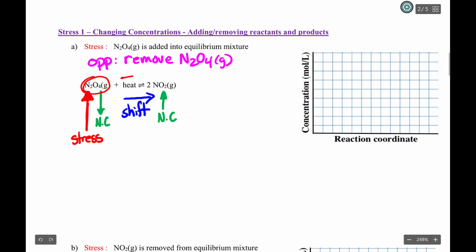Now, because it's shifting to that side, it means it's consuming itself. So the concentration of N2O4 is going to go down, and because it's producing NO2, this concentration is going to go up. So there's all three of our variables in this scenario: the stress of the adding, the shifting towards the products, and how the concentrations change. Now I'm going to support this with a mathematical concept.